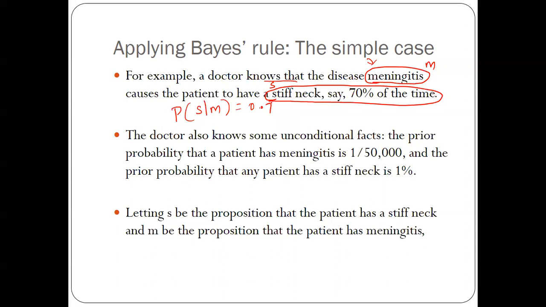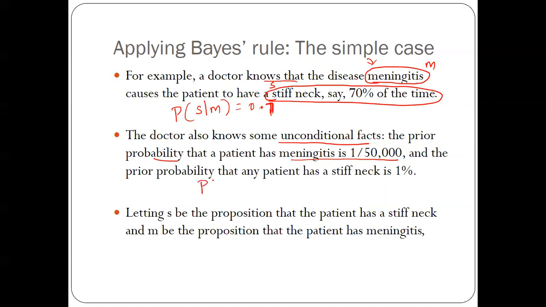The probability of having a stiff neck given meningitis is 0.7. Now assume that the doctor also knows some unconditional facts, the prior probabilities. The patient has meningitis 1 in 50,000 times. So the probability of M, which is the unconditional probability, is 1 by 50,000.